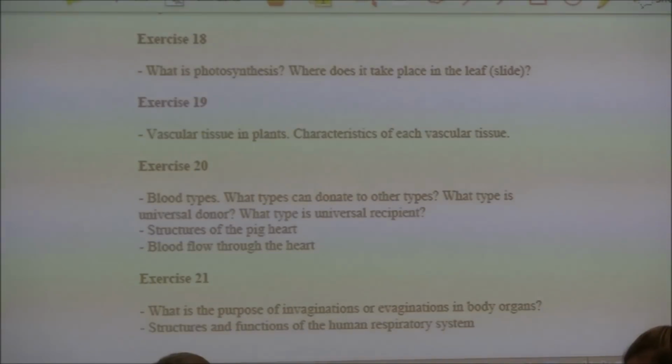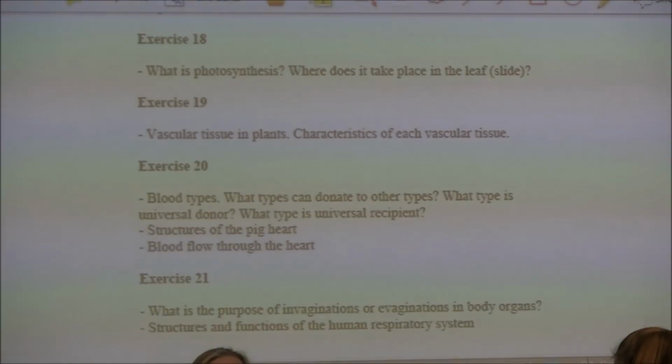It says, what is photosynthesis? So I'll give you the definition. Okay? And then it asks you, where in the leaf does photosynthesis take place? Yes, now I'm really asking. Where does photosynthesis take place in the leaf?